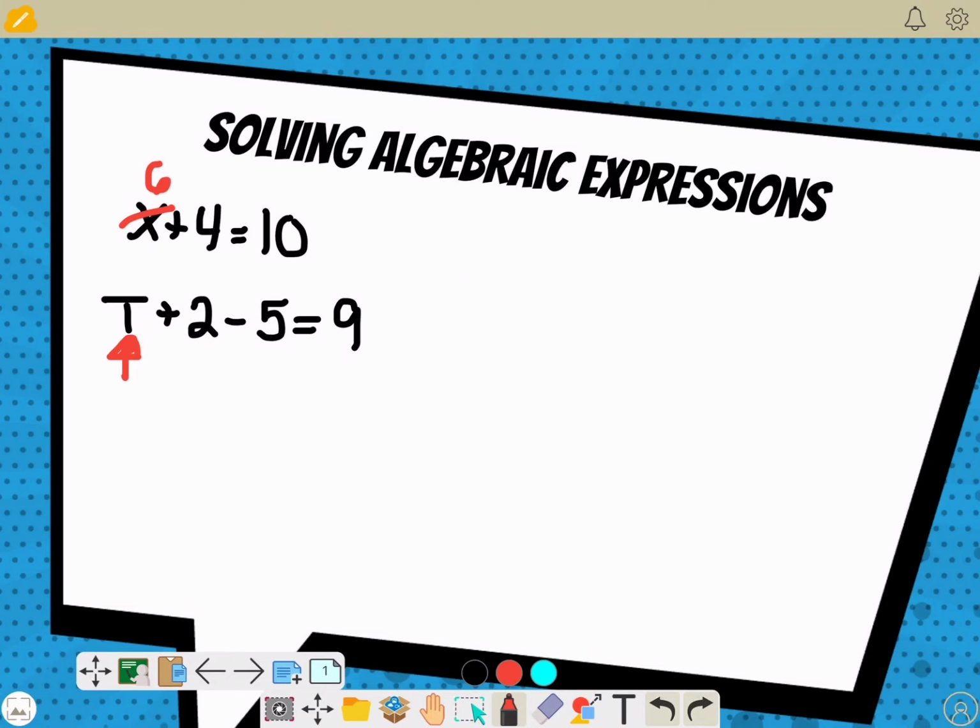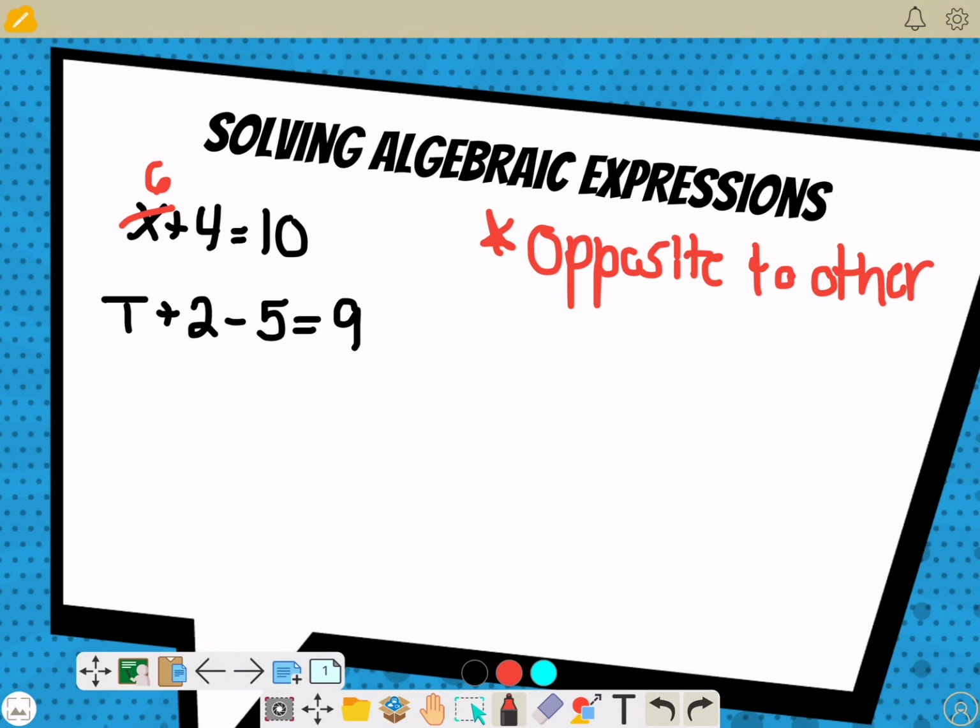Once you get to the multiple step ones, I like to try to get the letter by itself. And the way you can do that is by doing what I call the opposite to the other side. Meaning, if you're going to try to get that letter by itself, you need to be able to push all of this work over here.